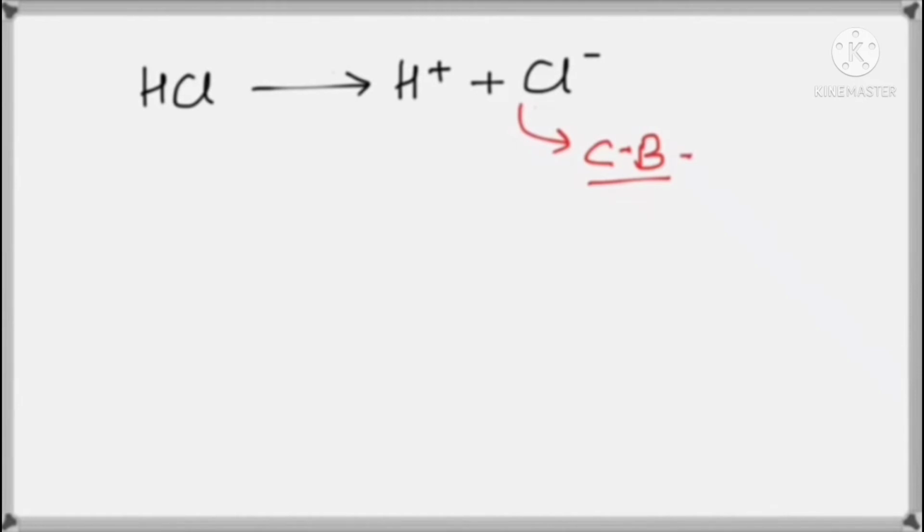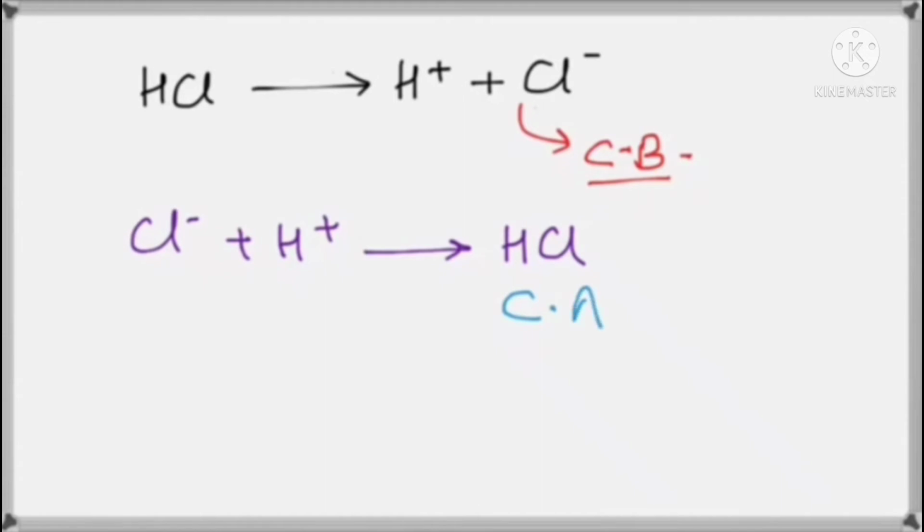And if we take a look at the reverse reaction, that is Cl minus plus H plus, and it forms HCl, then we say that HCl is the conjugate acid of Cl minus. So the difference between a conjugate acid base pair is of 1 H plus.